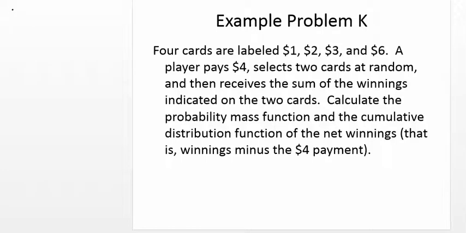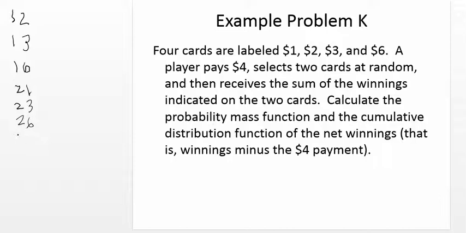So first we could get a 1, first card's a 1, the second one's a 2, the next one's a 1, the second card is a 3, the first card is a 1, the second card is a 6. Next we could have a 2 and the second card is a 1, the first card is a 2, the second card is a 3, the first card is a 2, the second card is a 6.